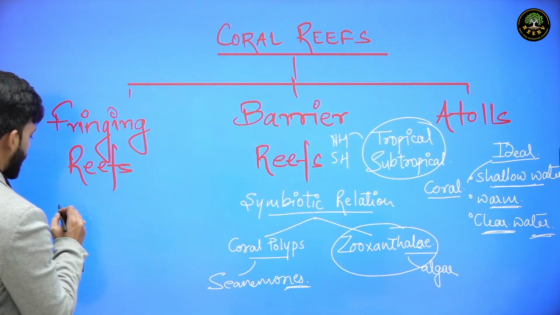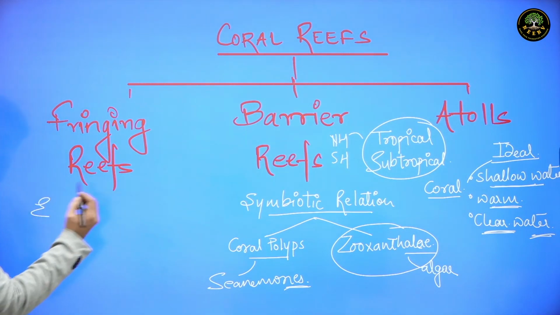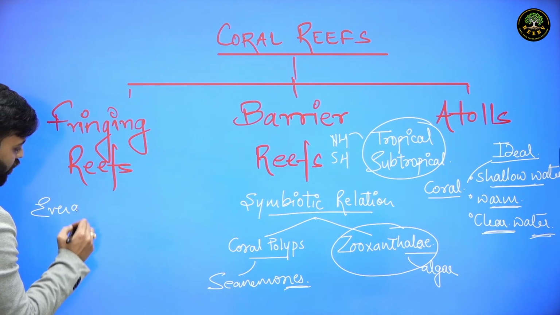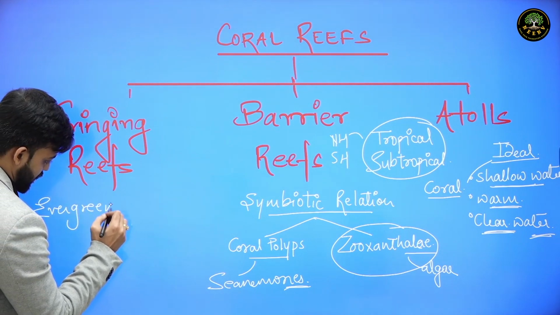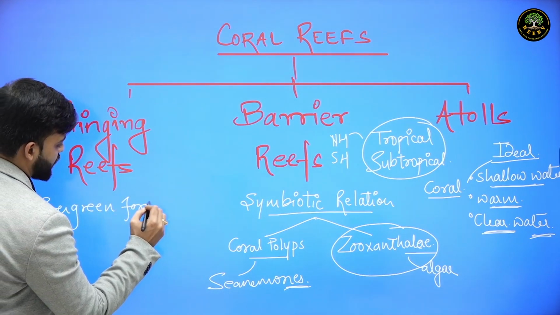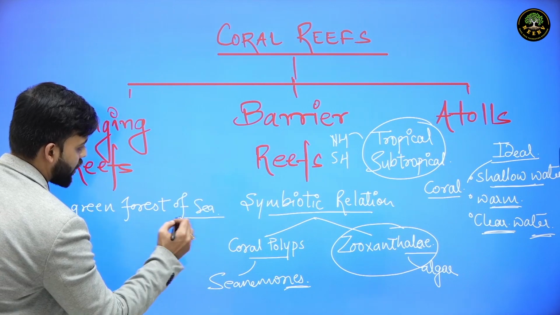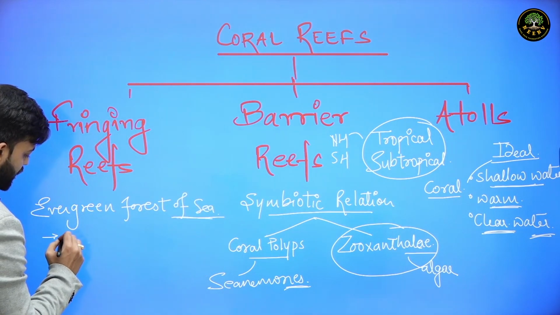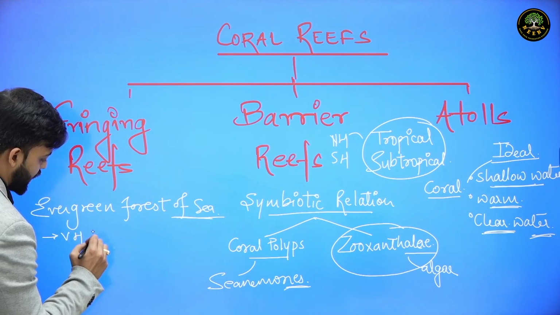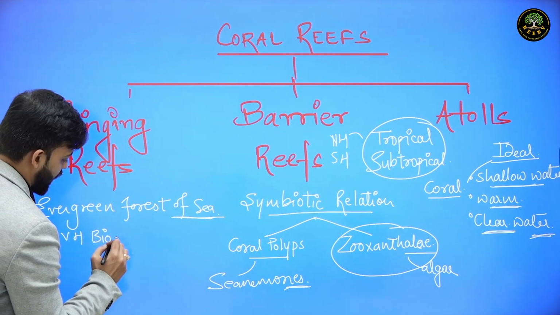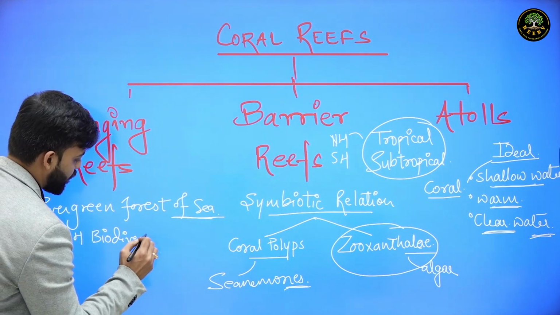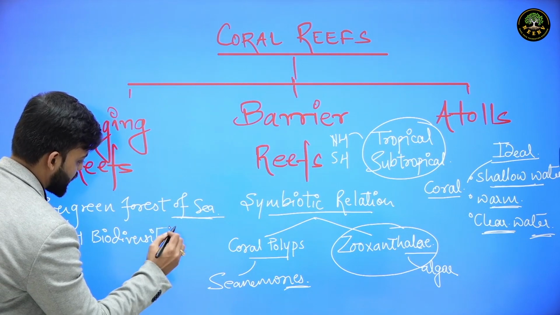Now, coral reefs are basically the evergreen forest of the sea, as they have very high biodiversity, and they provide both food and shelter to the fishes.